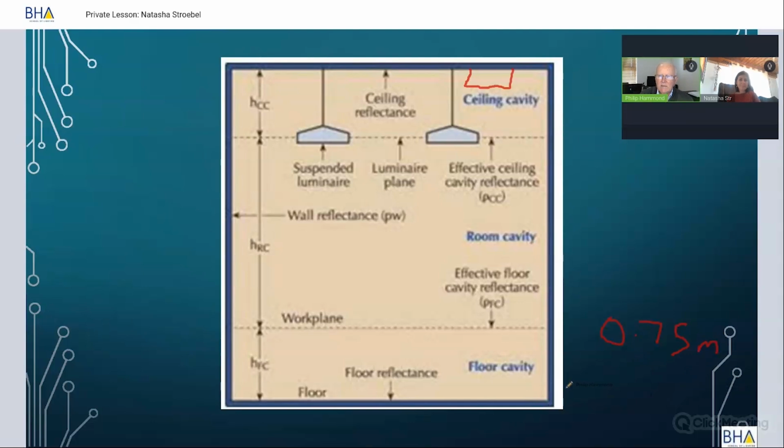So the room cavity is going to be the total room, floor to ceiling, less the ceiling cavity. So it'll be floor to ceiling height minus that cavity and minus the floor cavity. And what's left is the room cavity ratio. But we're going to do that in a moment.